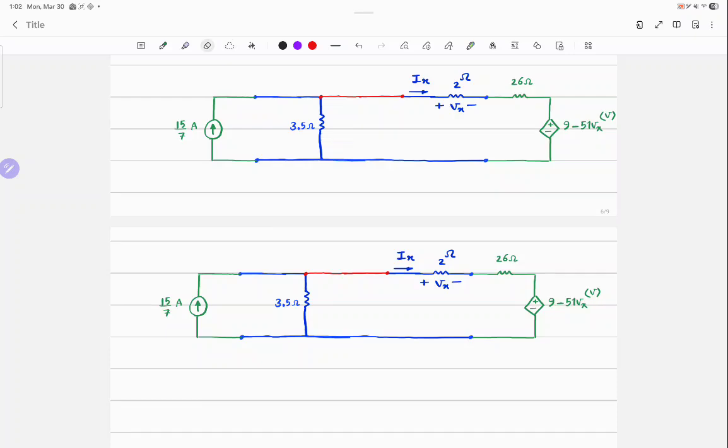Again, the current source that is in parallel with the resistor, I'm going to change it back to a voltage source. So I'm going to have a voltage source that is in series with a resistor.